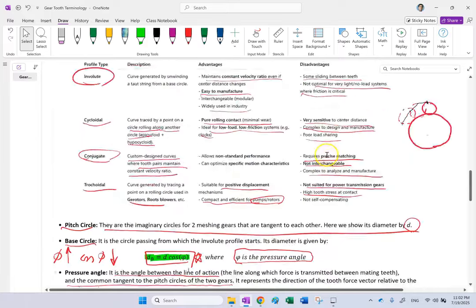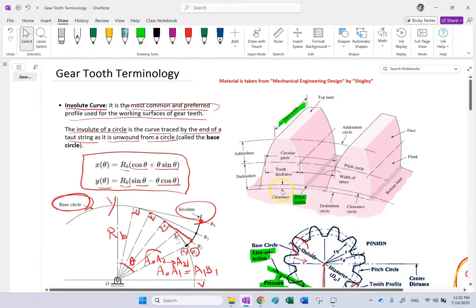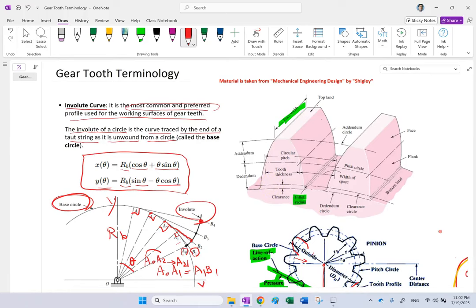What about the addendum and the dedendum circle? Do I have a formula for their diameters? And the answer is yes. How? So here we define two parameters, addendum and dedendum. Addendum is the radial distance between addendum circle and the pitch circle. The other one is the distance between pitch circle and the dedendum circle.